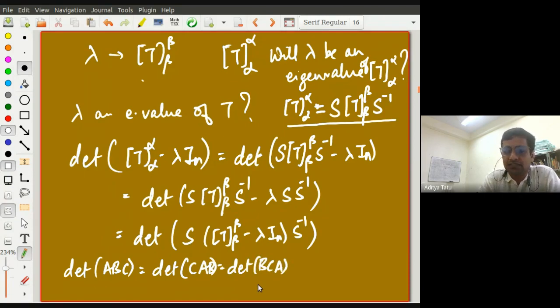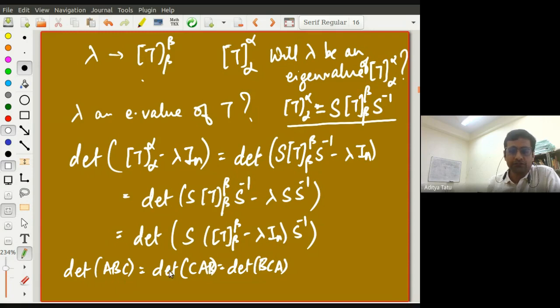In other words, determinants are invariant to cyclic permutations. This is not only true for three, but for any number of matrices. But remember, they are not invariant to any arbitrary permutation, only to cyclic permutations.